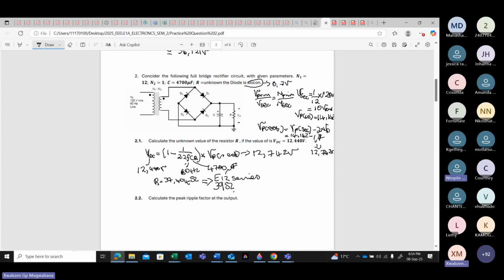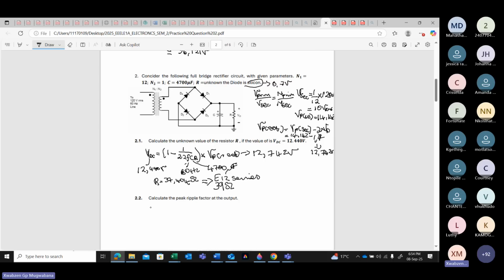Yes. Then from there it says you must calculate the peak ripple factor of the output. How do you calculate it? Now I know what R is, I know the equation.